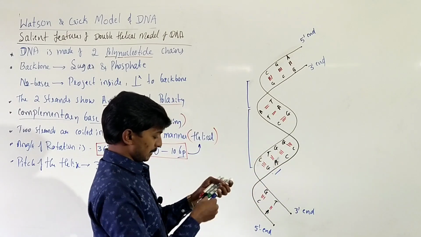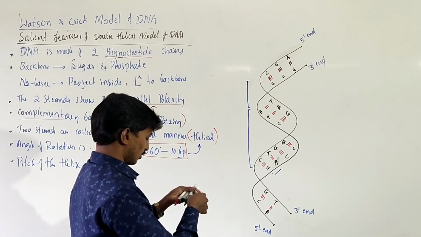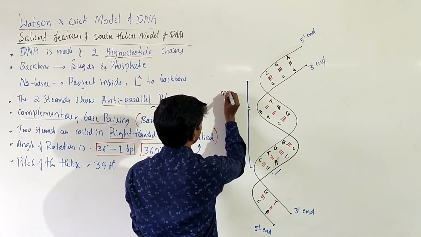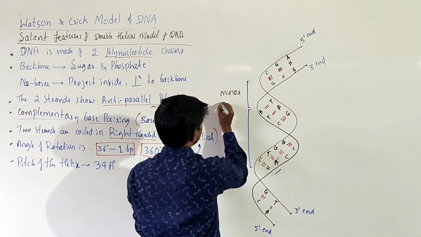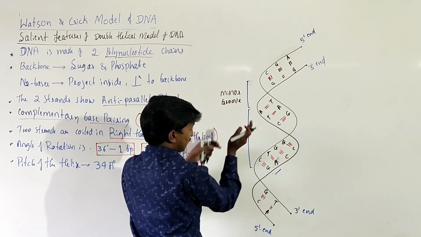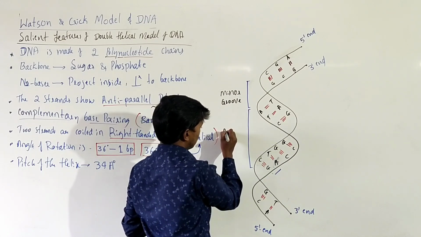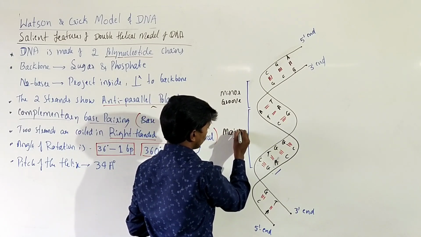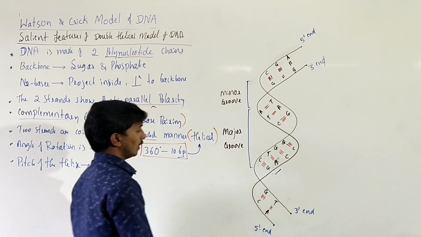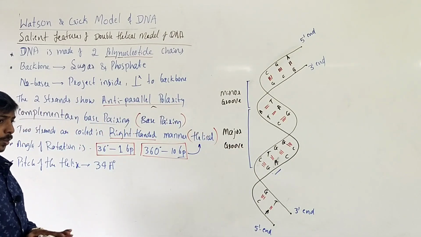The smaller gap is known as a minor groove. The larger gap is known as a major groove. Minor groove and major groove.